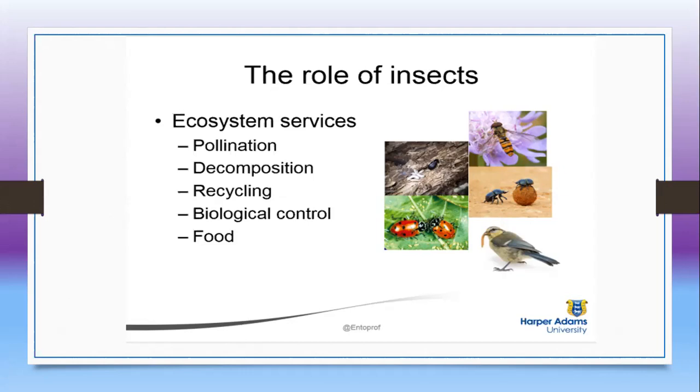Overall, one of every 3 bites of food humans eat relies on animal pollination in the production process. Remember, we have to thank them. Got it? So crops cannot reproduce by themselves.